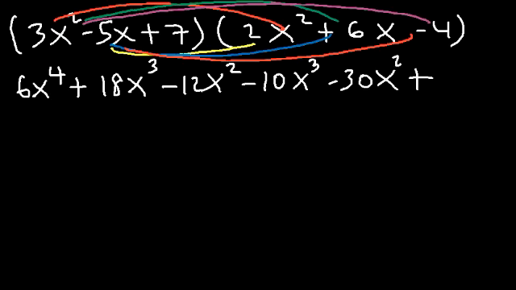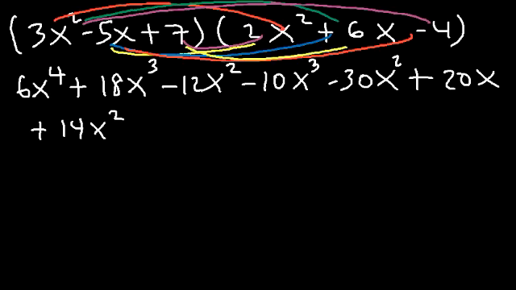It's always good to double check the work. Negative 5x times negative 4 is 20x. And then 7 times 2x squared, that's going to be 14x squared. And then 7 times 6x is positive 42x. And finally, 7 times negative 4 is negative 28.